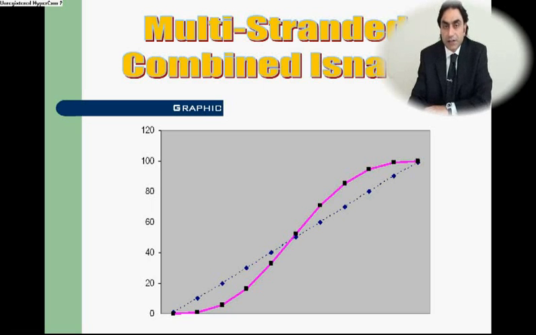This double standard response of the multi-strand Isnad system leads the curve indicating the probability that the narration belongs to the source to which it is attributed to form an S shape over the straight line of the reliability coefficient of narrators.